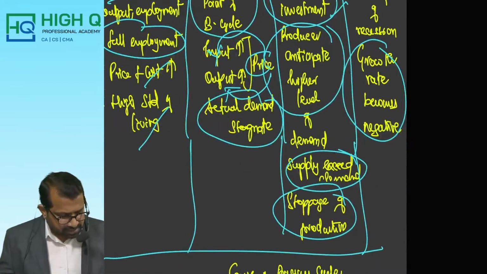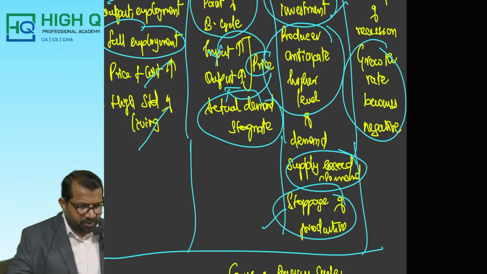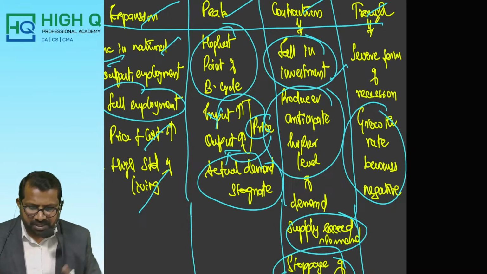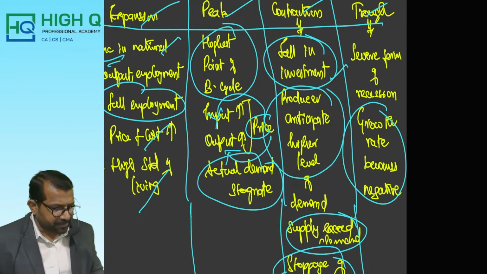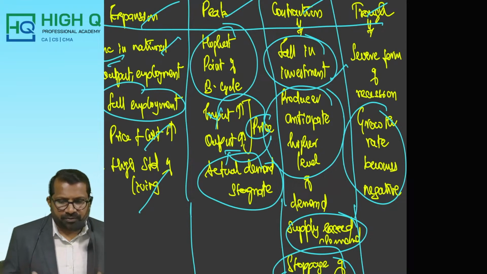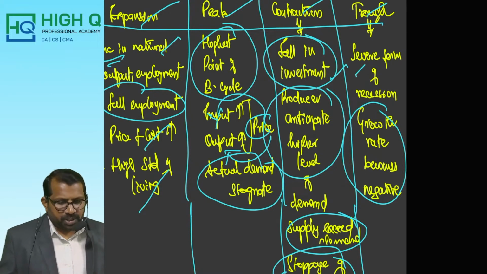Trough means depression, the last stage. The growth rate of the economy becomes negative, and a severe form of recession will be there during this stage.